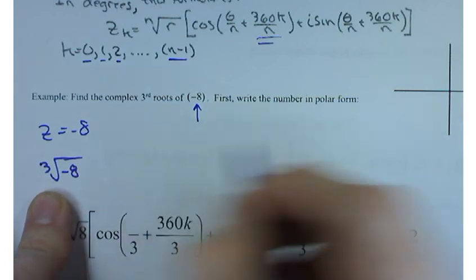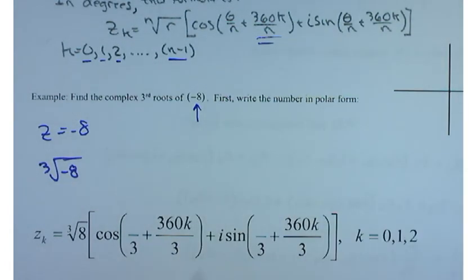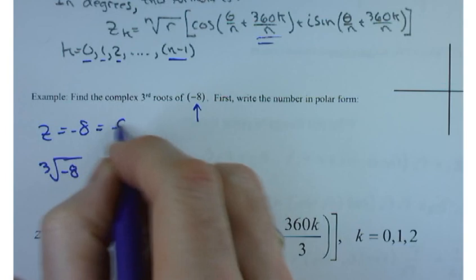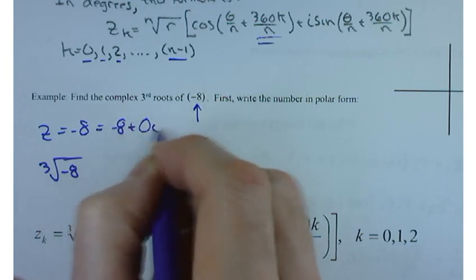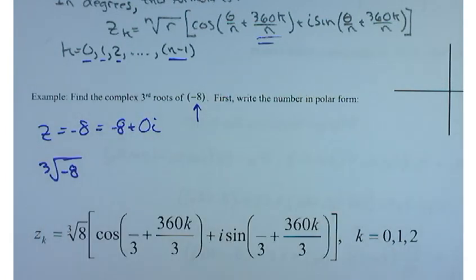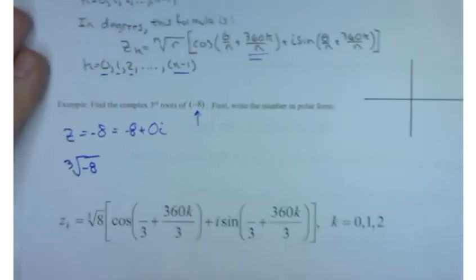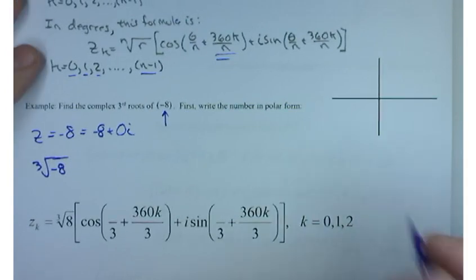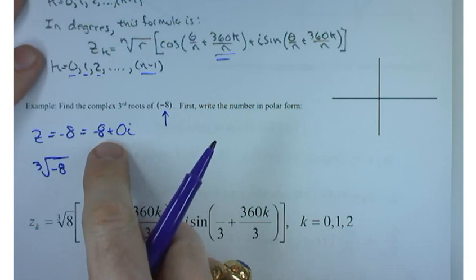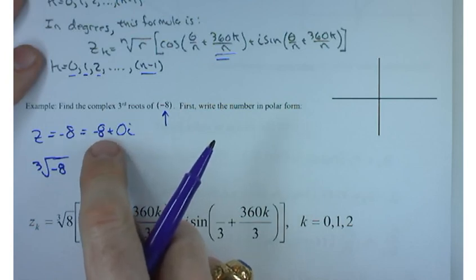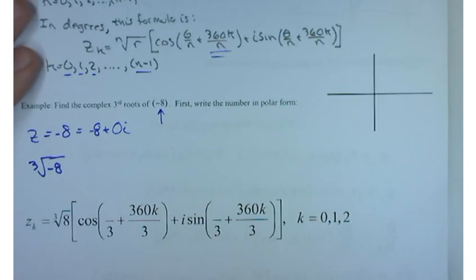So the first thing I'm going to do is rewrite that as a complex number in polar form. -8 we'll think of as -8 plus 0i. Let's graph it in rectangular coordinates first, and then try and figure out what's going on in polar coordinates. Where is this point going to be on my graph?